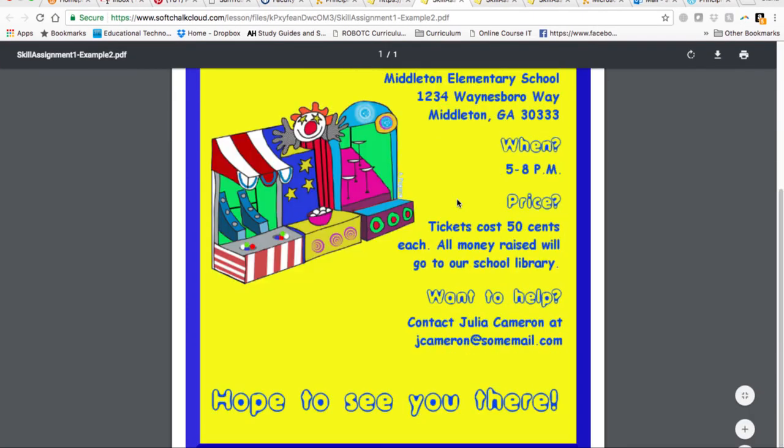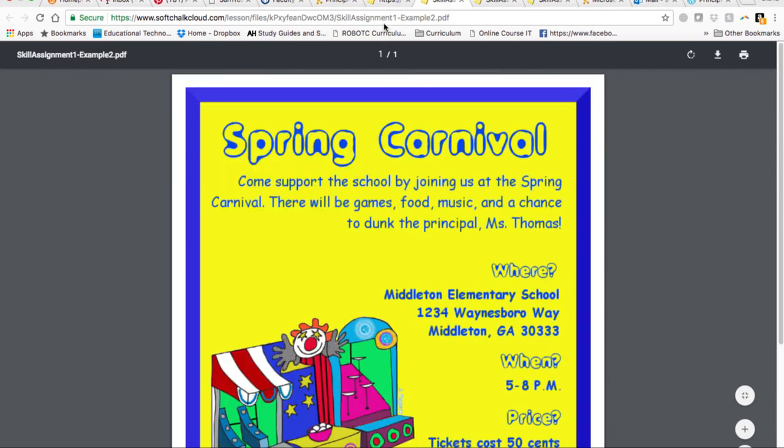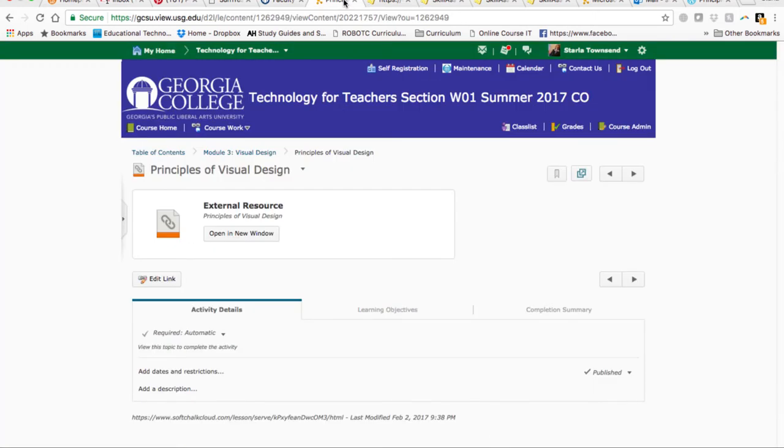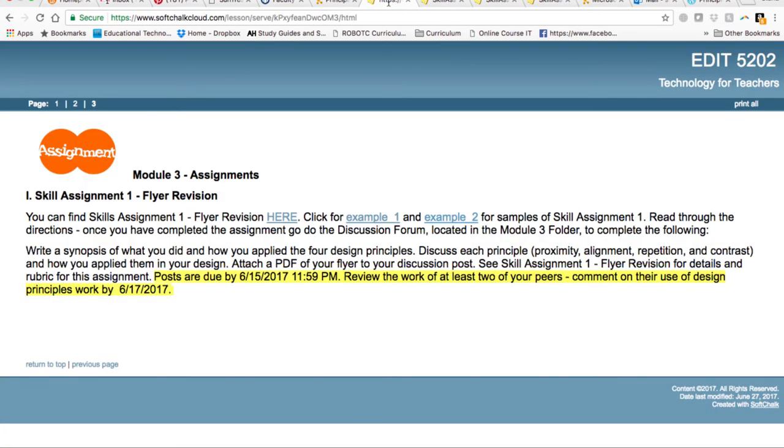Really good, and I'm flipping through them rather quickly because I don't want to waste your time, but just some things to look at when it comes to visual design. And as you look at these, you can go back to the videos and think about the discussion of the different elements of visual design, and did you include those in your particular rendition of this?